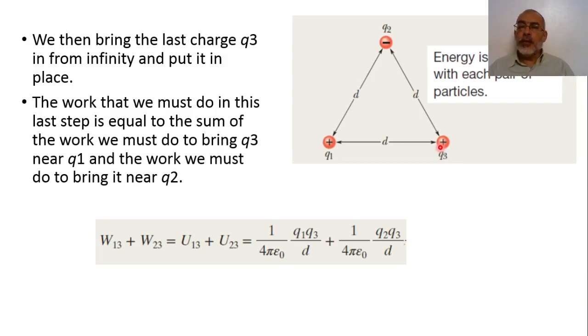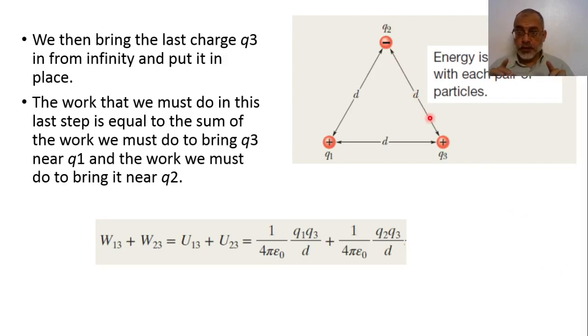On the other hand, we have another potential from Q2 at this point, Q2 over 4π epsilon naught D, and this potential multiplied by the value of Q3 corresponds to the work done to move Q3 from infinity to this point due to the potential of Q2.